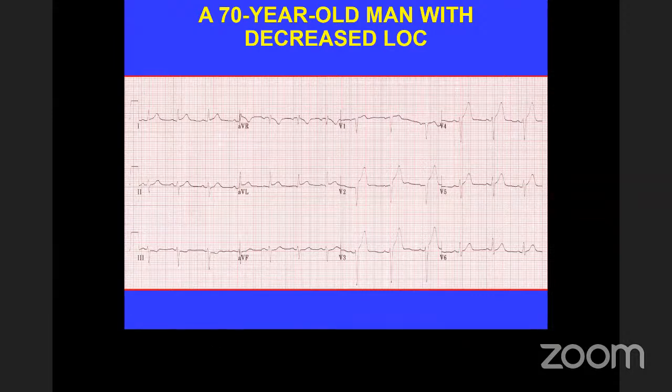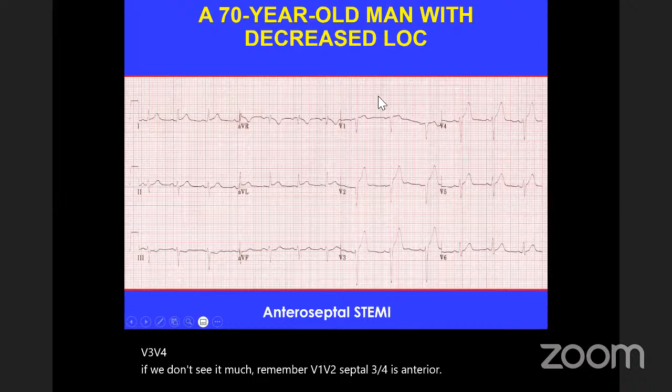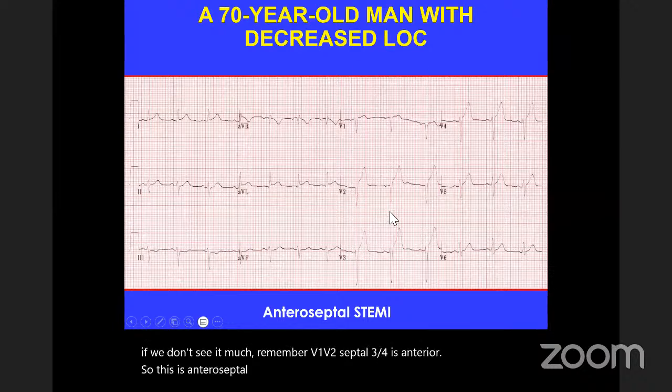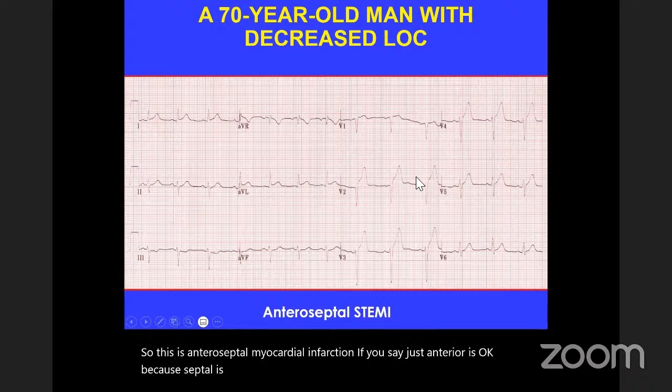Could be anterior MI. Excellent. You have ST segment elevation in V2, V3, V4. In V5 we don't see it much. Remember, V1, V2 is septal, and 3, 4 is anterior, so this is anterior septal myocardial infarction. If you say just anterior, that is okay, because septal is included when you say anterior.